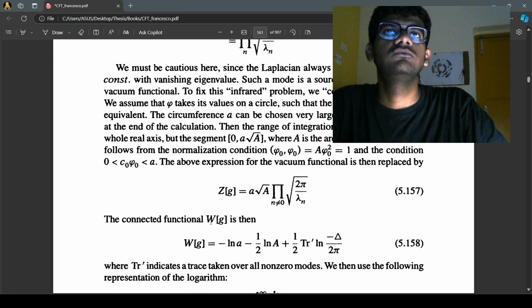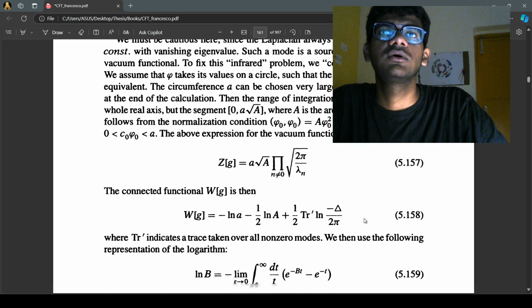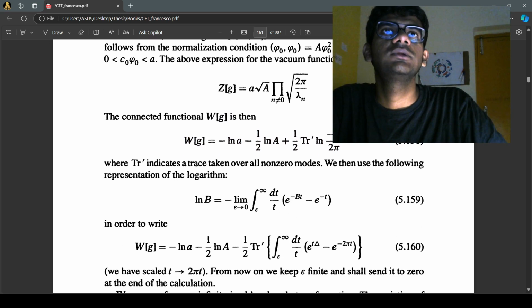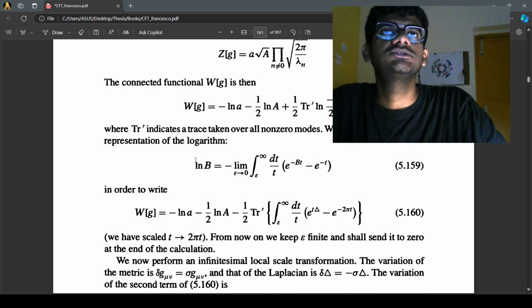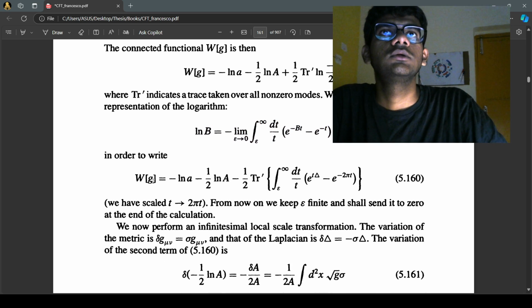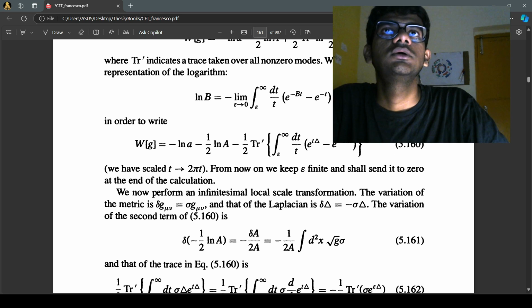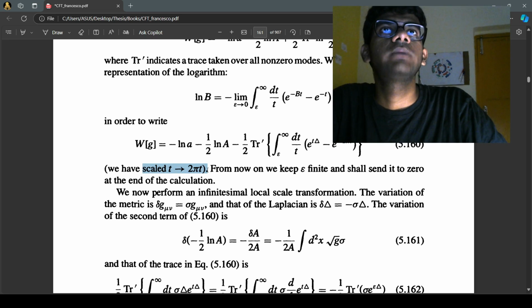So the connected functional becomes these things, where the prime indicates that the product is taken over all non-zero modes. We then use the following representation of the logarithm in order to write this. Okay, we scale t to 2 pi t.